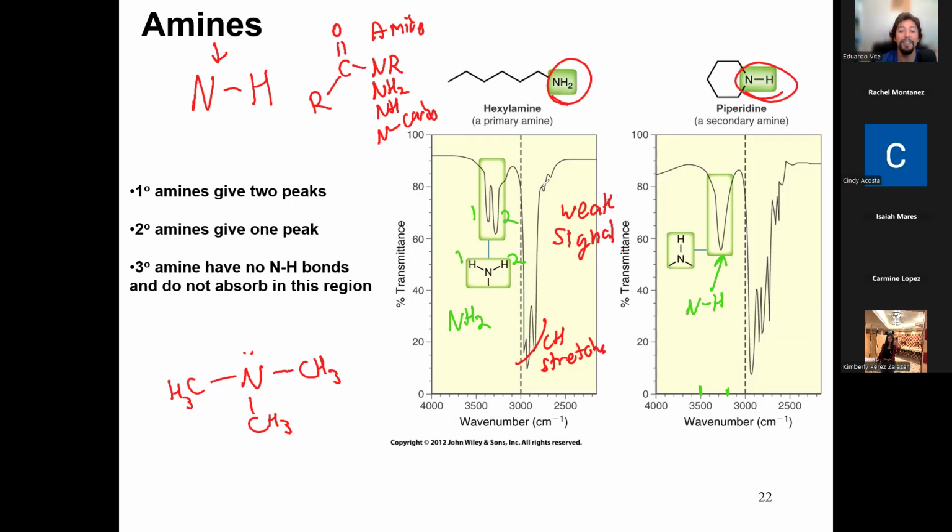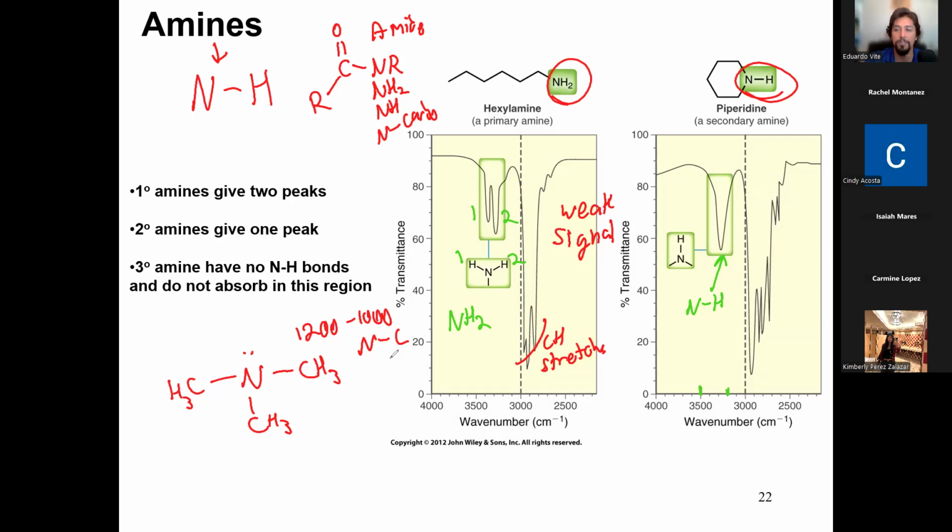If you have no peaks and you think or you know that there's supposed to be a nitrogen in there, then this peak is probably somewhere down at around, I would say maybe the 1200s, maybe a little bit less. The NC stretch. But usually we don't look for those peaks. It's not something you're required to know, but if you don't see these two peaks, then you would look for this next peak, the NC stretch, right?